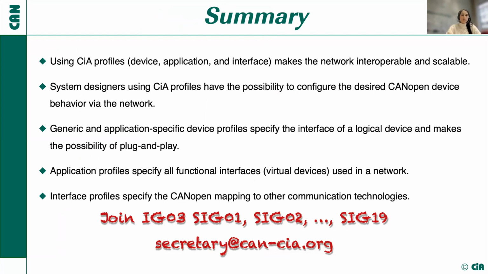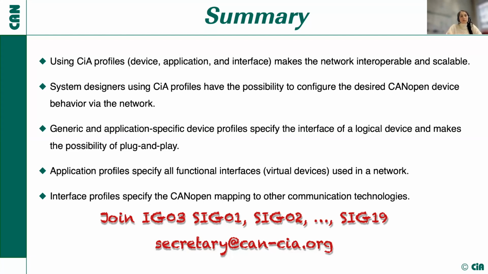We are going to the end of this webinar. As a summary, I can say that using CiA profiles, whether for a device, an application, or the interface, makes the network interoperable and scalable.